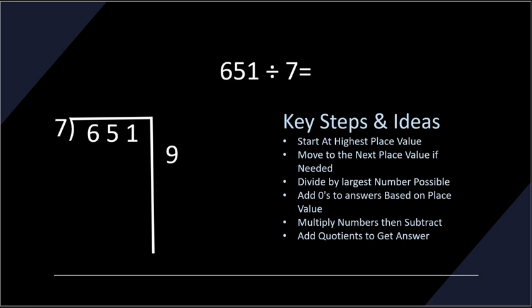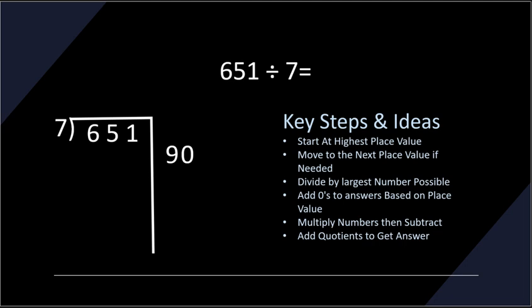In long division, I put it on top, which we'll learn later, but for now we're going to write it on the side. However, if you notice, this was 65, but our number is actually 651 here. And the 65 is really not 65, it's 650. So therefore, we're going to put a 0 on the end of this 9 to compensate for place value here.